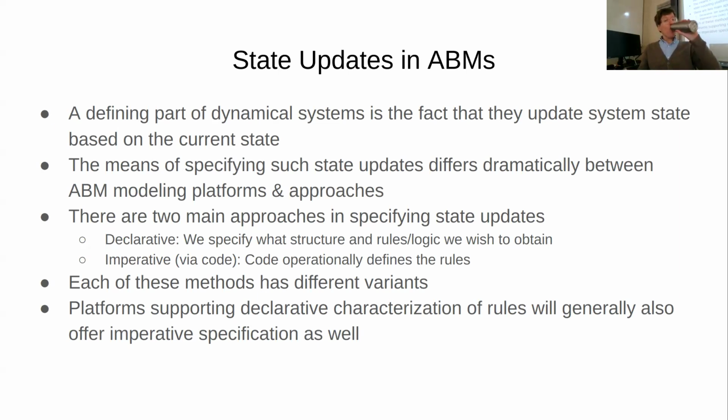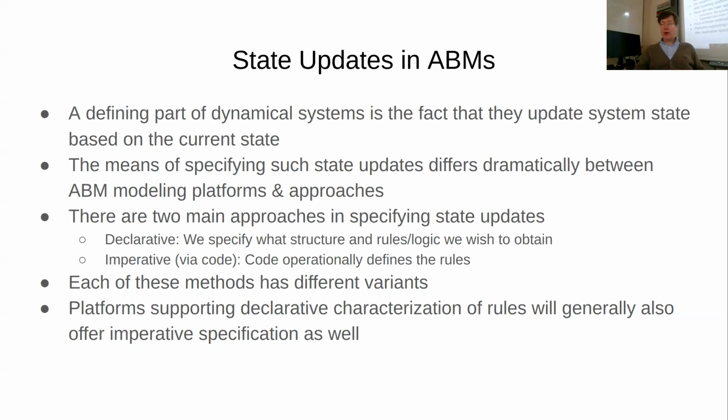So the characterization of rules does differ a lot. And there's two primary traditions. One, declarative characterization. You specify what you want to be the case, what the relationships are, what the states are, what the means of transitioning between states are, what the rules are that govern those transitions.